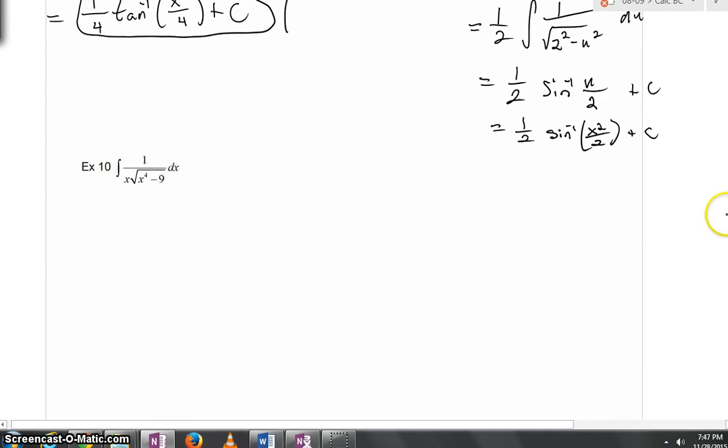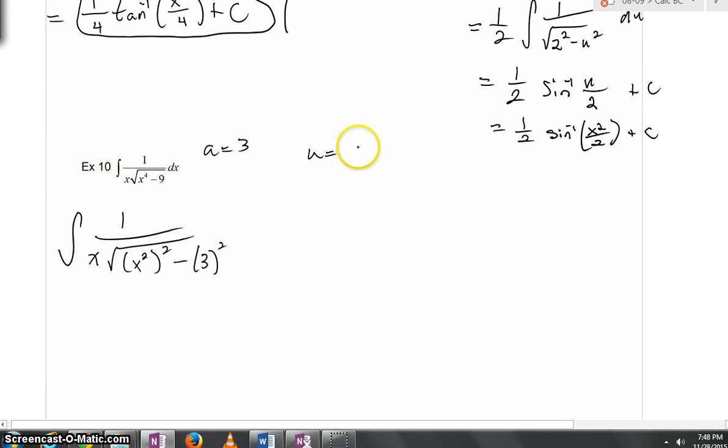Let's see if we could perhaps clean this up just a little bit and maybe get just a tad bit of help. You'd say, well, what's being squared? Well, x squared. And the 9 here is really a 3 squared as well. And so my a would be a 3 here.